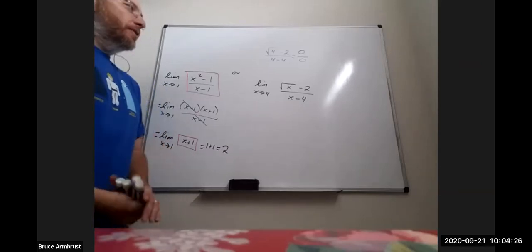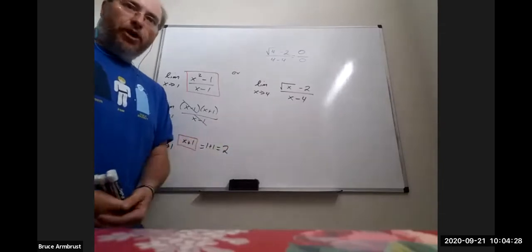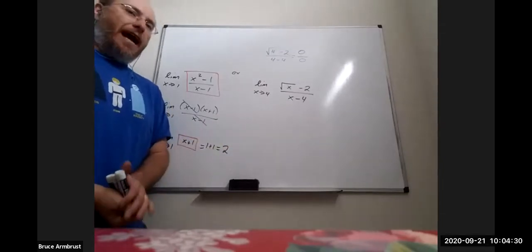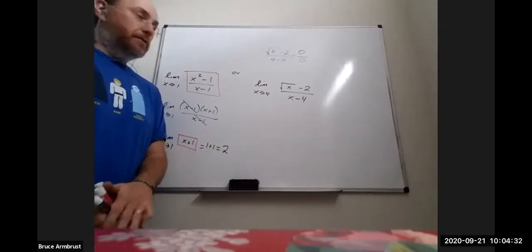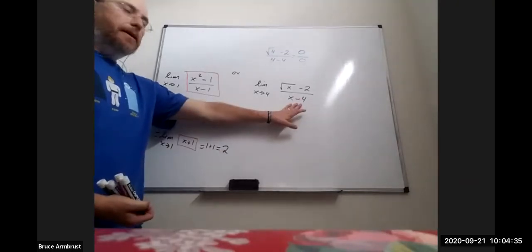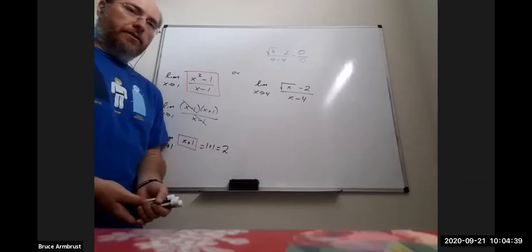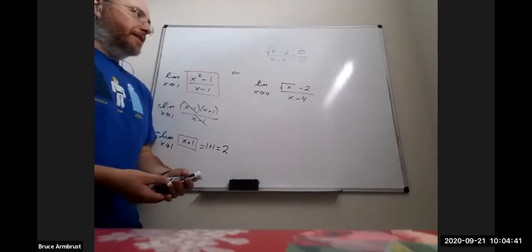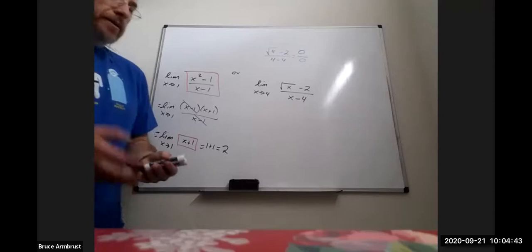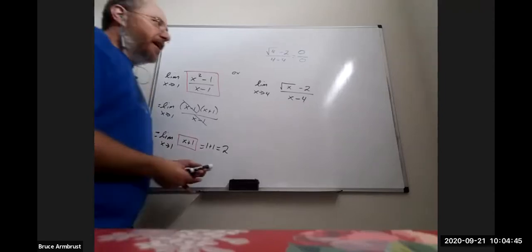All right, now I know that when you learned rationalizing forever ago, you were always taught to rationalize the denominator, the bottom of the fraction. In this case, we're going to want to rationalize the numerator. We want to rationalize the top. So the way to do that is you use the conjugate.